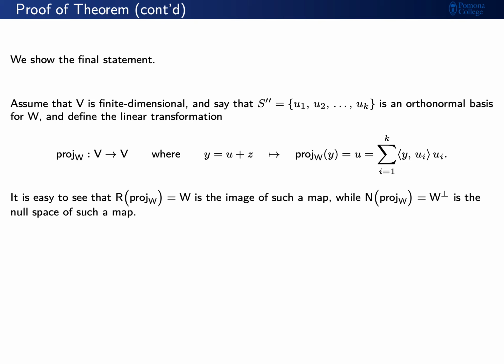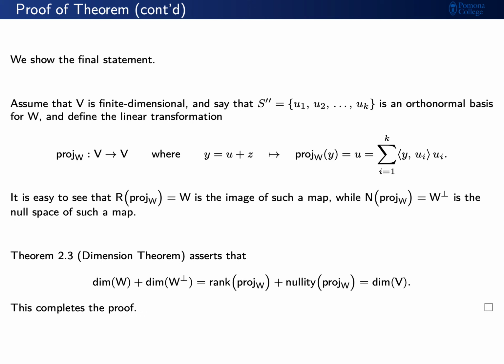As we stated earlier, the image of this projection map must be the subspace W, and the null space of such a projection map must be the orthogonal complement W perp. The dimension theorem now says that the dimension of W plus the dimension of W perp must just be the rank plus nullity of this projection map. But the dimension theorem asserts that the rank plus nullity is the dimension of V, which completes the proof of the theorem.